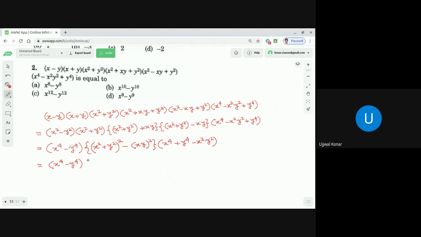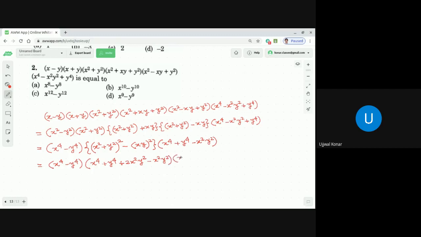So if we break it up, we get x power 4 plus y power 4, isn't it? x square whole square is x power 4, plus y square whole square, y power 4, plus 2x square y square. Correct or not? And minus x square y square.